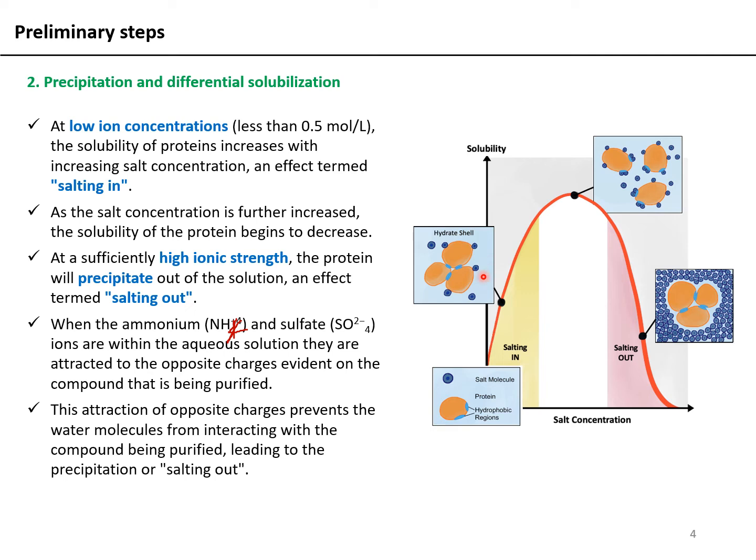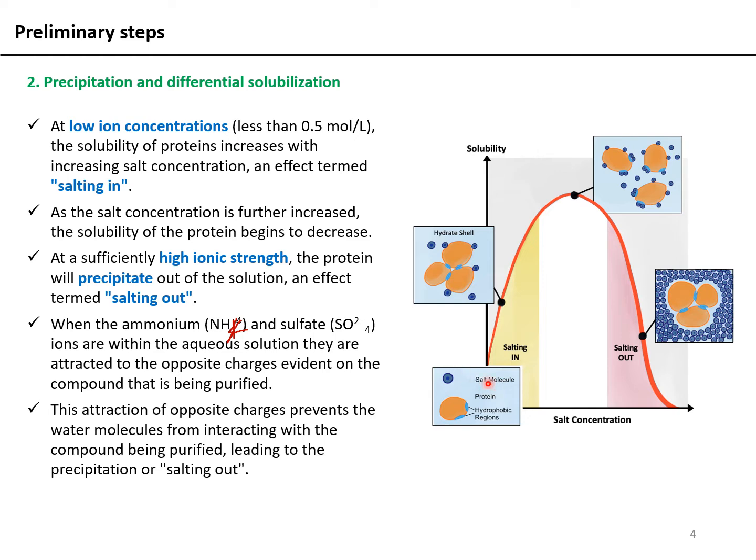You have the hydration shell surrounding the protein, which is essentially the water molecules interacting with the protein, and you have these hydrophobic patches that interact with each other and therefore bury themselves within, not exposed to water. And you have some of these ions or salt molecules on the surface, which overall stabilizes the solubility of the protein.